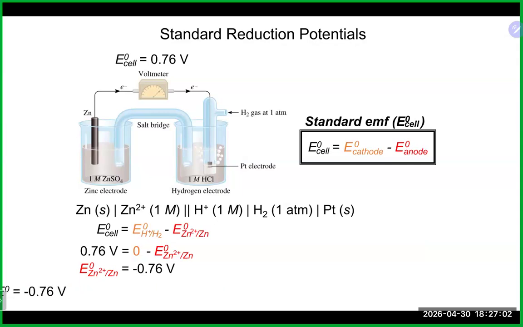And what that means is they could use this equation to figure out what is the SRP value for zinc. In this case, once again, our zinc is our anode, and our cathode, again, is the hydrogen electrode. This is the formula that is used to calculate the cell voltage in a galvanic cell.